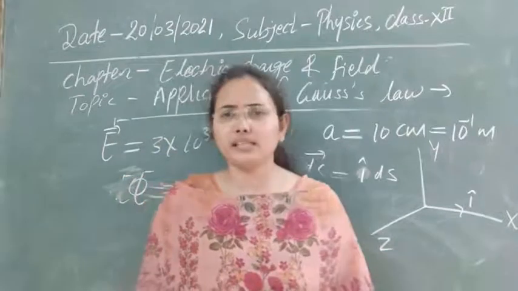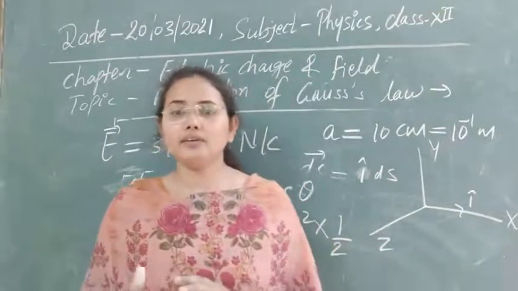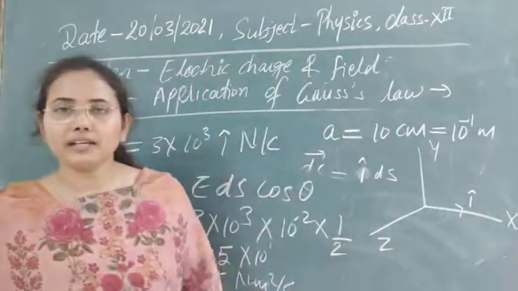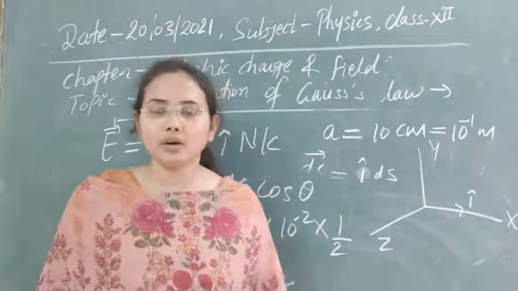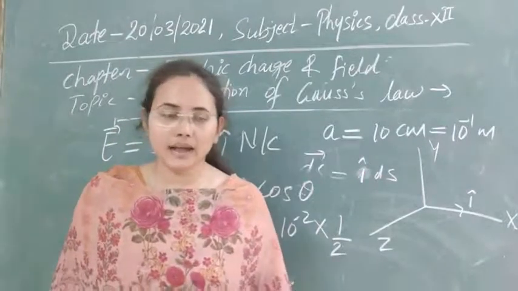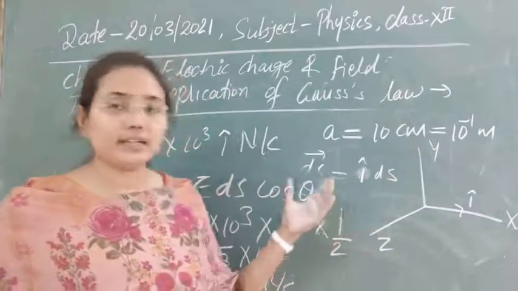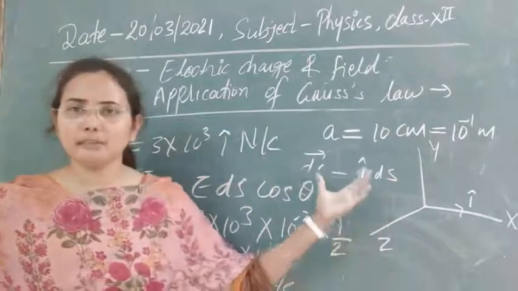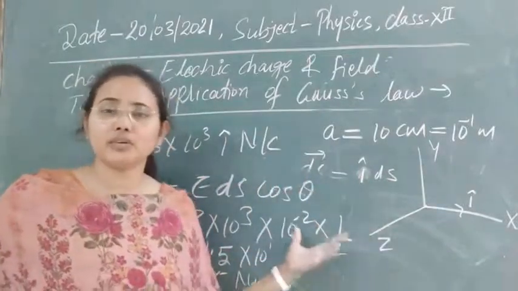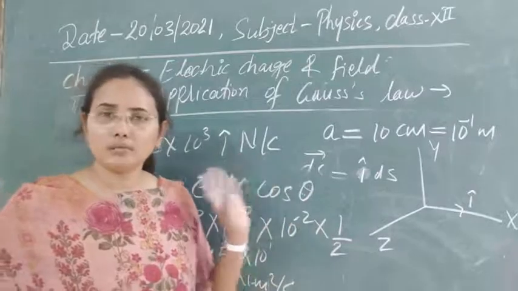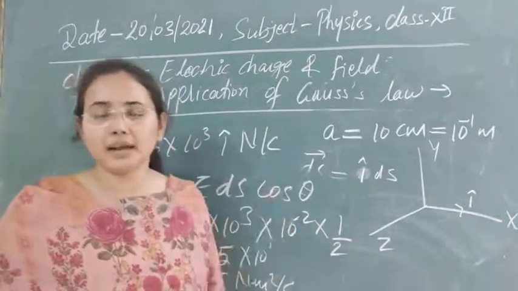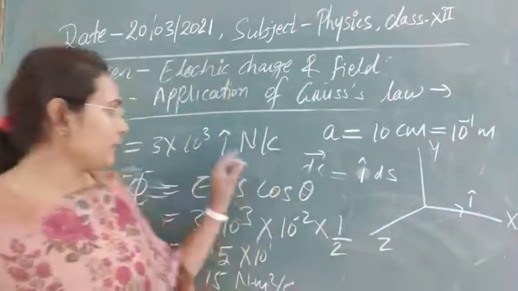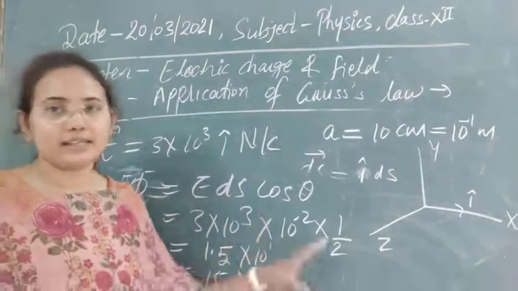In the same way you can take a number of loops in the same problem: a half cylinder, a square, a rectangle, a cylinder, a hemisphere, a sphere, or any figures you imagine and for which you can calculate the area. For that figure you can calculate the electric flux in any case.